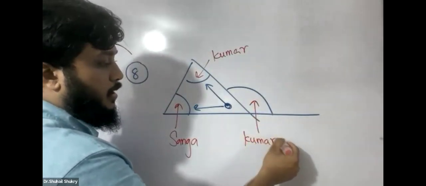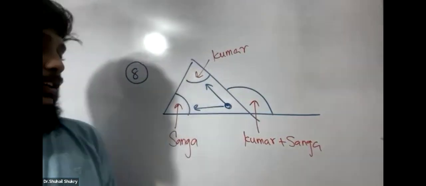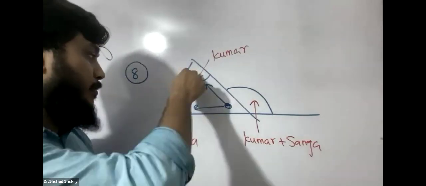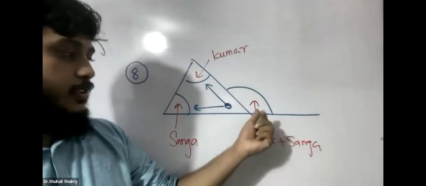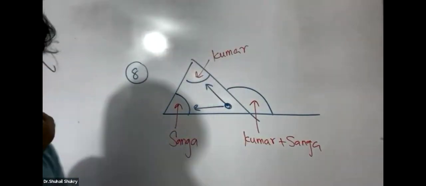Kumar plus Sangha. If someone wants to write two names together, what can you do? You can write one name here, one name here, and ask what is the answer for this. Then both will come together. So this is the rule.